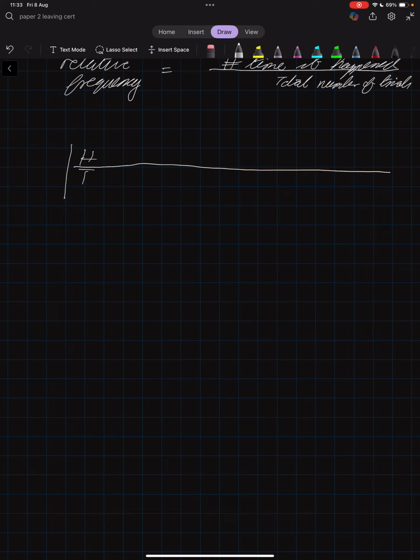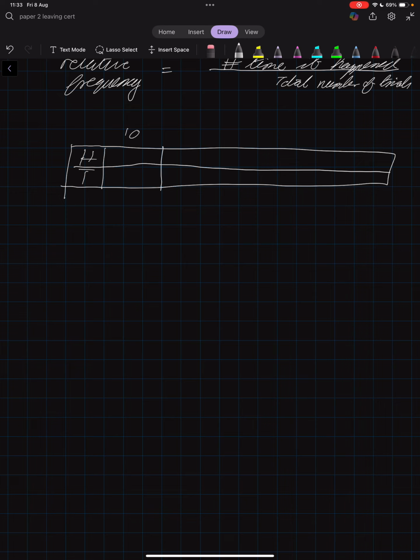Okay? And basically they're saying, okay, well, here we have a table. This is after 10 flips, after 20 flips, after 30 flips, after 40 flips, and then after 50. So basically, I'm just going to put in data here.